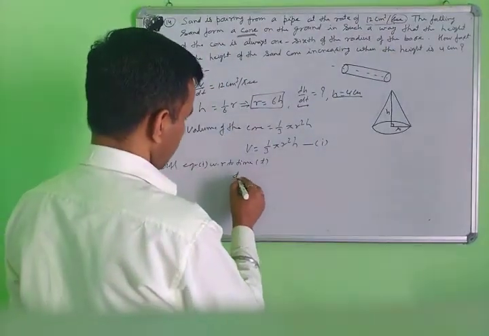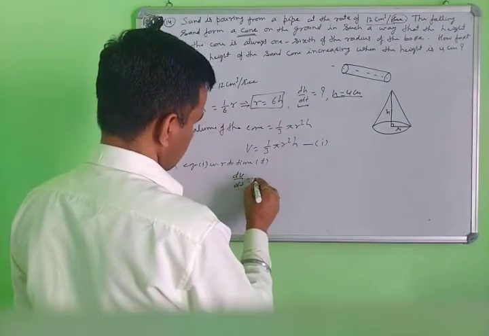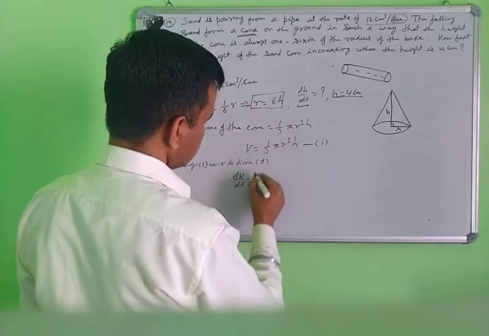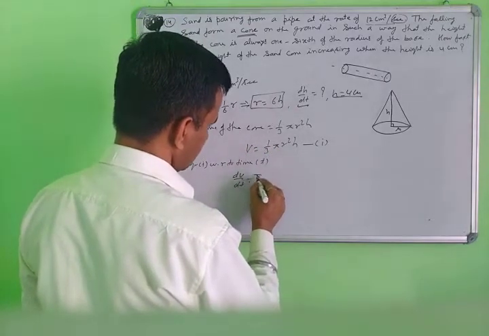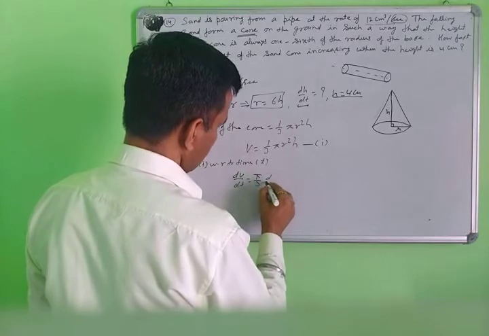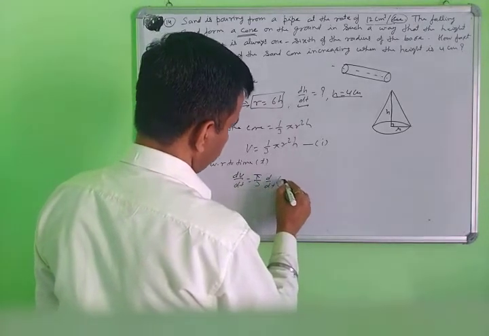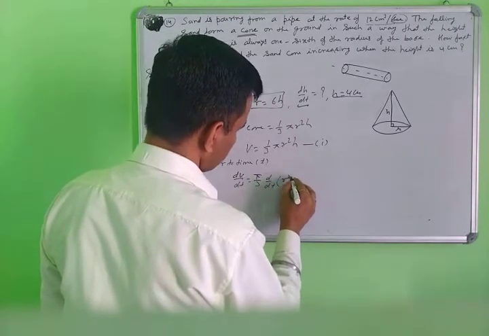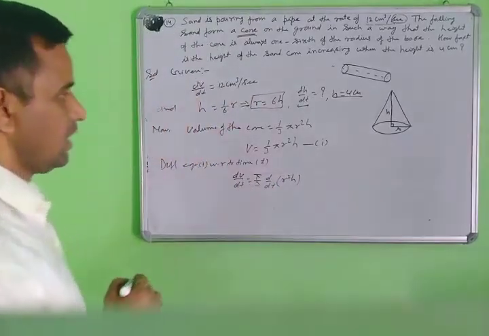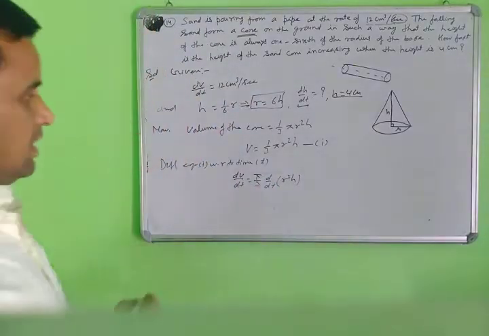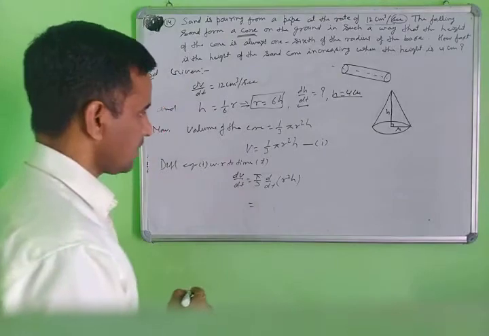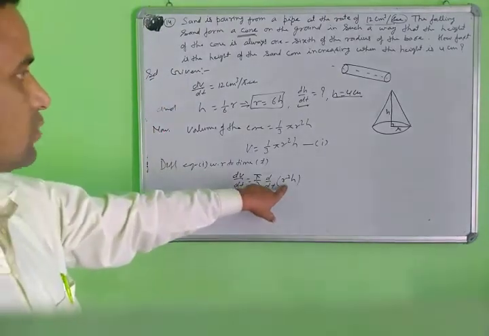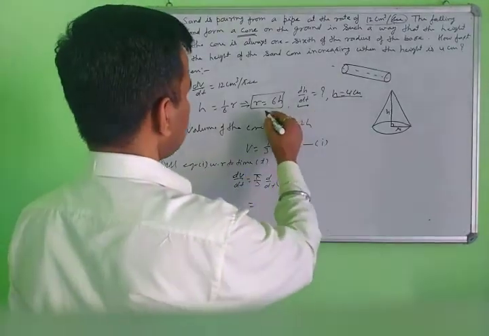So dV over dt equals pi by 3, which is a constant, and d over dt of r square h. Now put the value of r square. What is the value of r here? 6h.